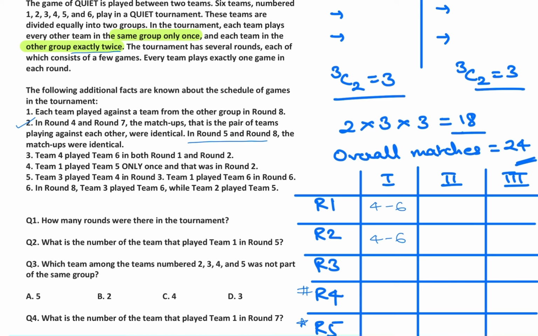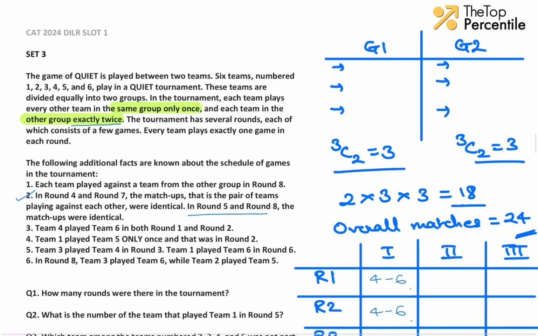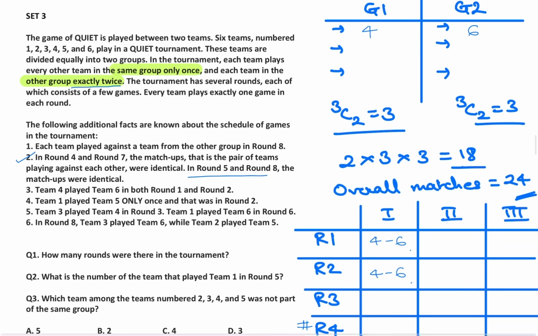Since 4 and 6 are playing two games, this means that 4 and 6 will be in two different groups. So 4 will be in this group and 6 can be in this group. Okay, so I have 4 and 6 plotted in groups. Let's move to point number 4.